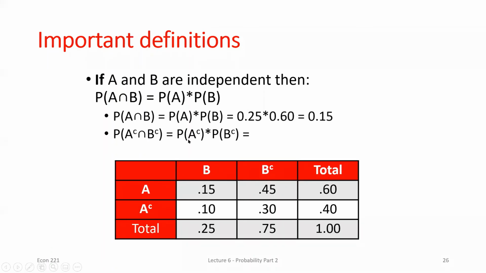I won't ask you a question on this necessarily on the exam, but one thing I want to mention here: if two events are independent from each other, what ends up being true is the complements are also independent. So notice here, if I take the probability of A complement and the probability of B complement, I get 0.3. That's actually the same as the intersection of the complements. So if two events are independent, their complements will be as well.